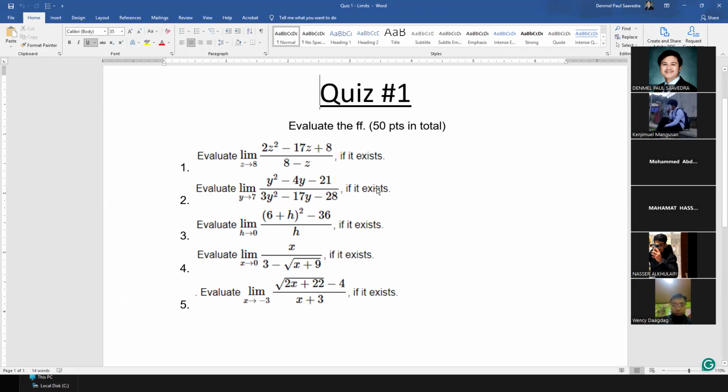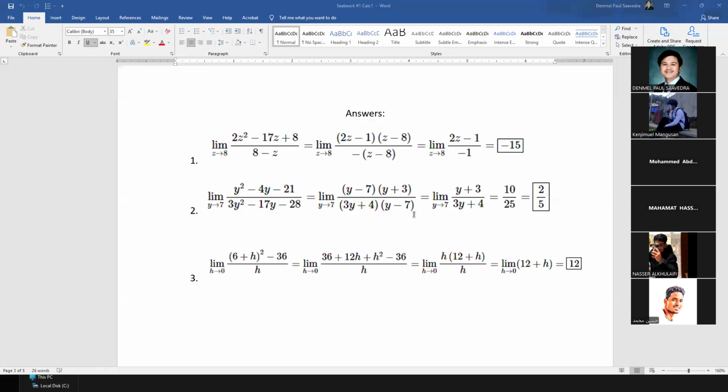Again, I mentioned that you have to find ways, without changing the value of our original equation, to cancel, expand, or factor out, so as not to make the final answer 0. So today, I will show you the solutions.